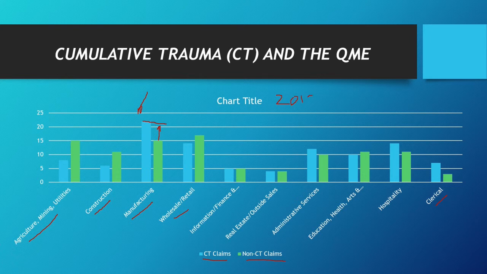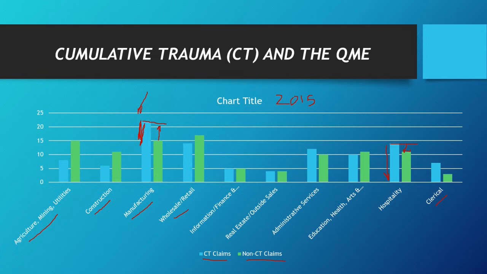And this chart, compared to a chart in 2008, this is the 2015 chart. When we compare this to a chart in 2008, there's tremendous growth here in this column. Similarly, in the hospitality industry, we see cumulative trauma injury claims actually exceeding specific injury claims as well, with a great increase in this quantity of claims comparing 2015 to 2018.